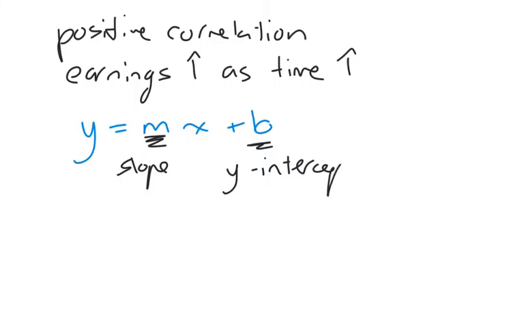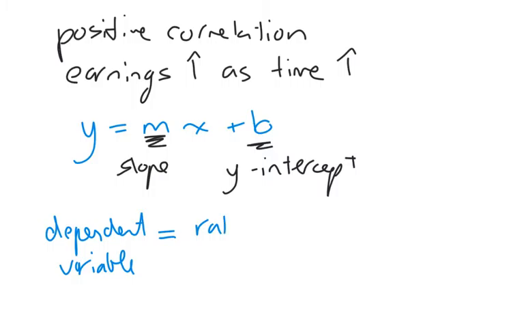These terms are pretty complicated, but there is another way of describing this. Instead of saying y, we can say dependent variable. Remember, the dependent variable is located on the y-axis. Instead of saying slope, we can say rate of change. Okay?